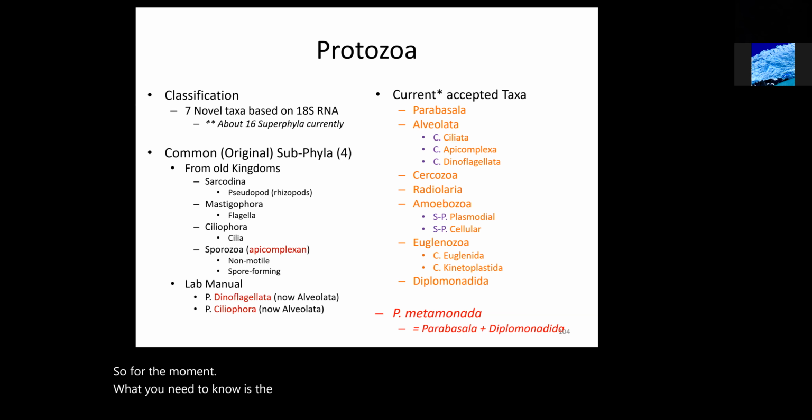First group is called Parabasala. Second is Alveolata. Third is Cercozoa. Fourth is Radiolaria. Fifth is Amoebozoa. Sixth is Euglenozoa. And seventh is Diplomonadida. Those are the current 7 that we are using.